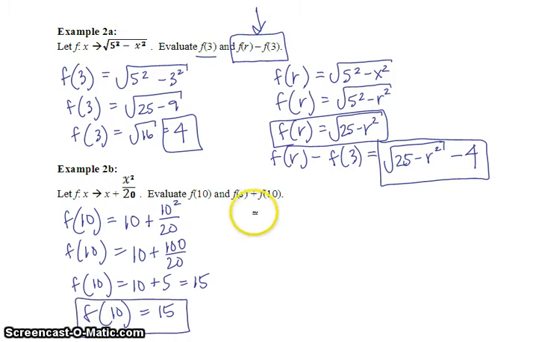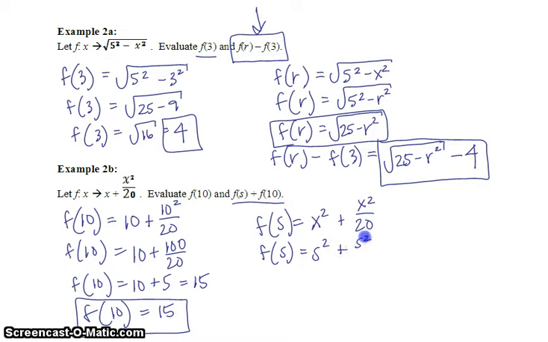Then they want to evaluate at f of s plus f of 10. So f of s, we've got to evaluate that first. So we're going to plug in s's for x's. So in that function we have s plus s squared over 20. So we're plugging in all the s's for x's.